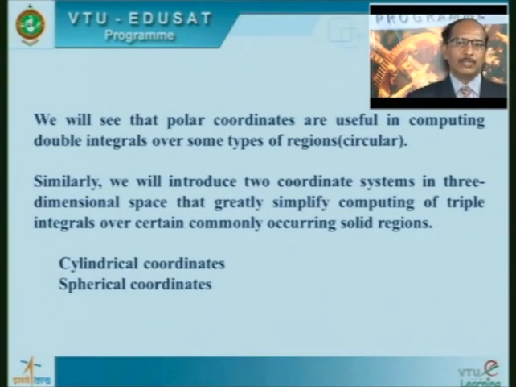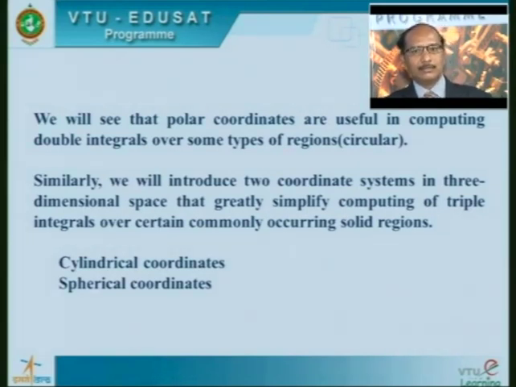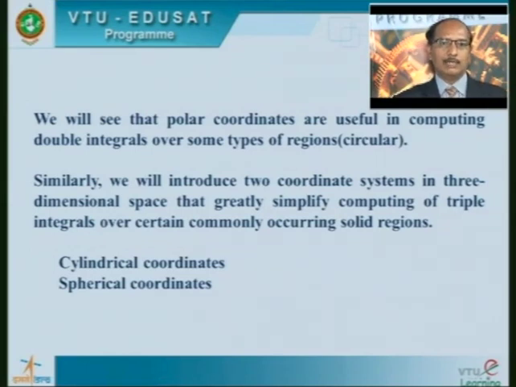Similarly, we will introduce 2 important coordinate systems in 3-dimensional space that greatly simplify the computation of triple integrals over commonly occurring solid regions: one is cylindrical coordinates, the other is spherical coordinates. Whenever the region is a cylinder or part of a cylinder, we convert Cartesian to cylindrical coordinates, and similarly when your region of integration is a sphere or part of a sphere, we convert Cartesian to spherical coordinates, then evaluate.